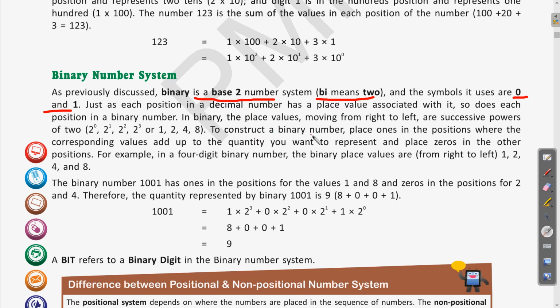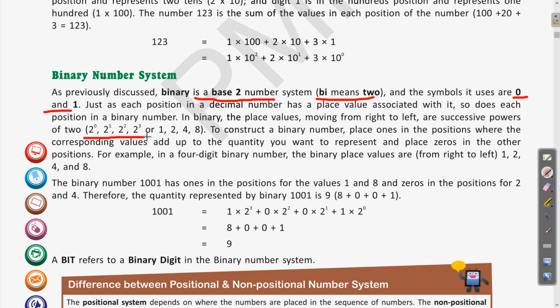So this place value in binary, moving from right to left, are successive powers of 2, that is 2 to the power 0, 2 to the power 1. Clear? So here you can see in the decimal number system it was 10 raised to the power 0, 10 raised to the power 1, but here it is increasing with the power of 2, as the base of this binary number system is 2.